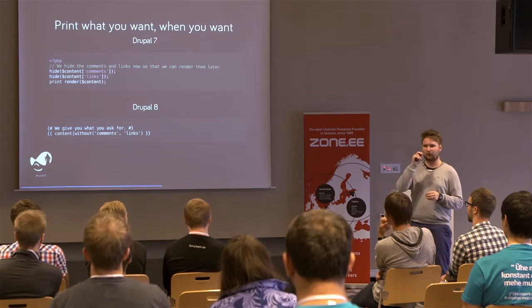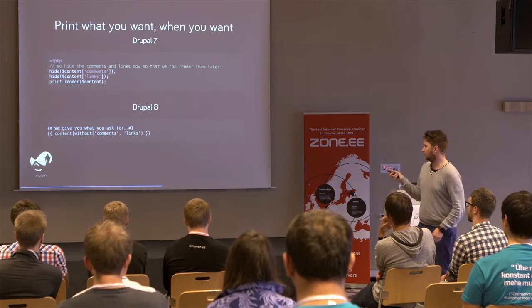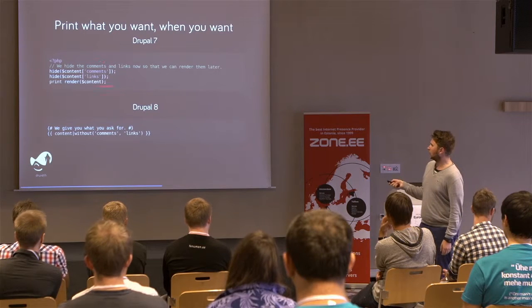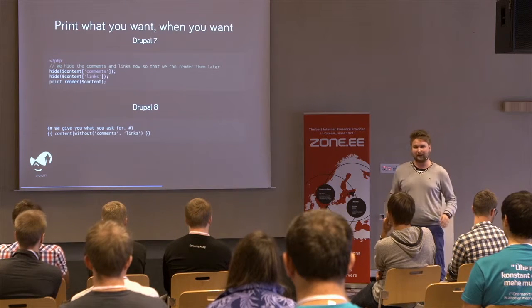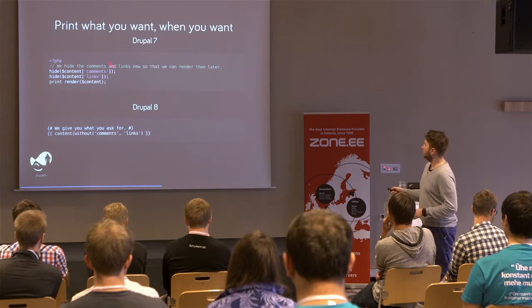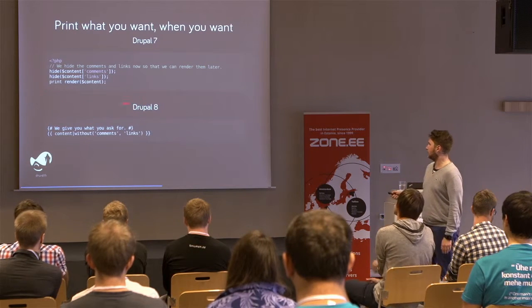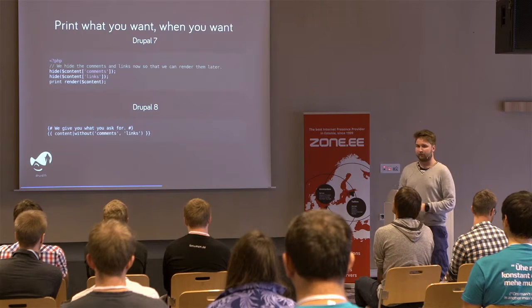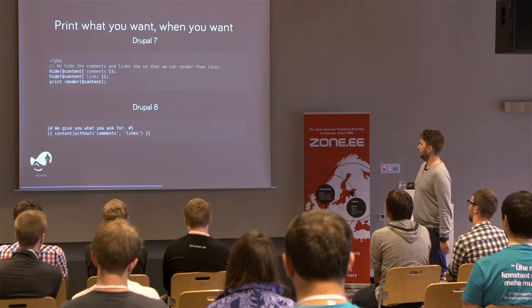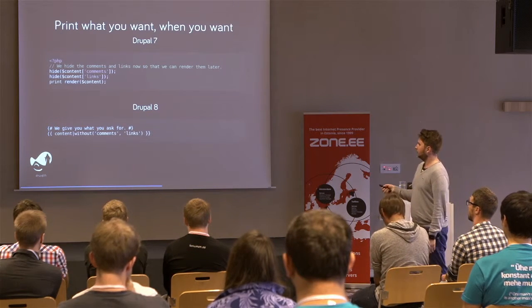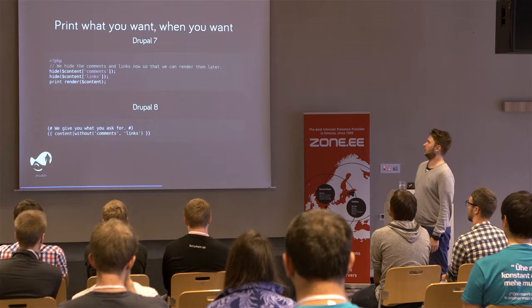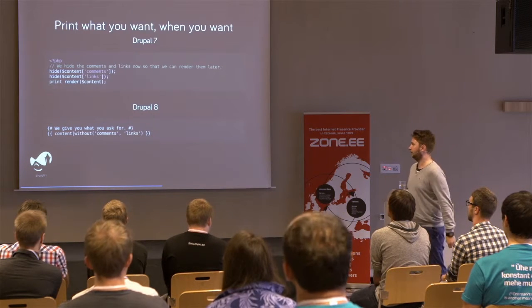It adds a new item in that render array to say, okay, don't print the comments in the content. And when we run this for the links, it says, okay, don't print the links. And when we render, it will not print these two things.